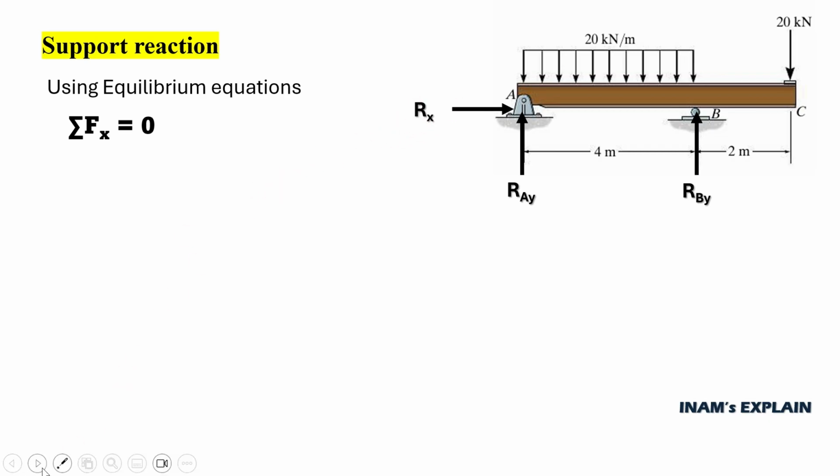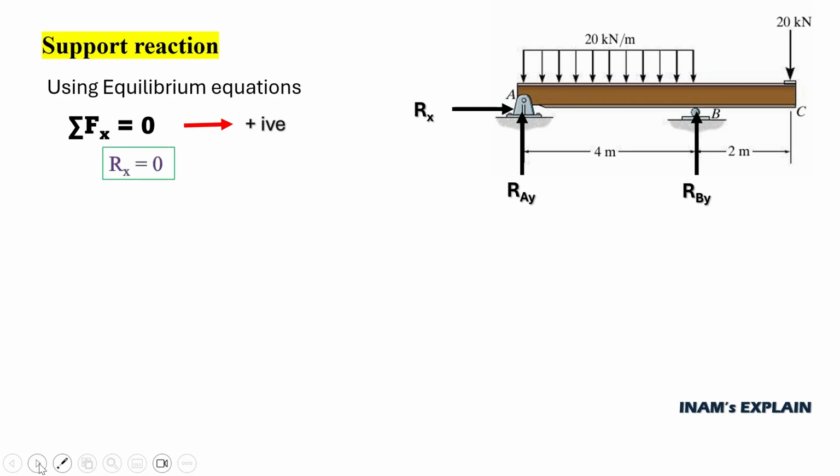All forces along the x-axis directed towards the right are taken as positive, and all forces directed towards the left are taken as negative. We have only one force along the x-axis, so Rx is equal to 0.